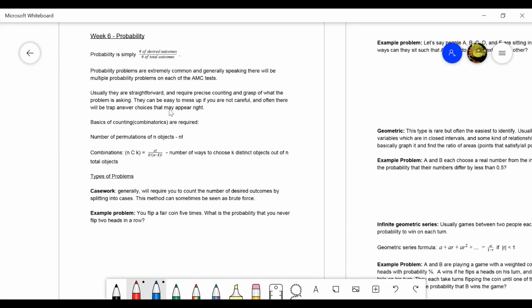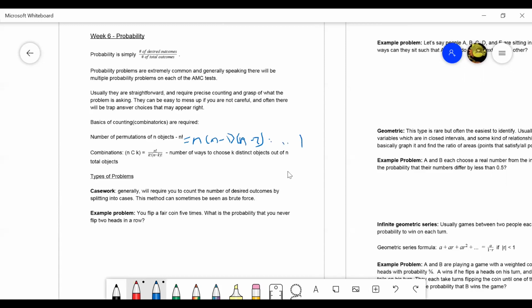The basics of combinatorics that I do want to go over: the number of permutations of n objects is n factorial. By permutations, I just mean the number of ways to order n objects. So if you have 5 people in a line, the number of ways to order them is 5 factorial. The factorial symbol just means n times n minus 1, times n minus 2, times all the way to 1.